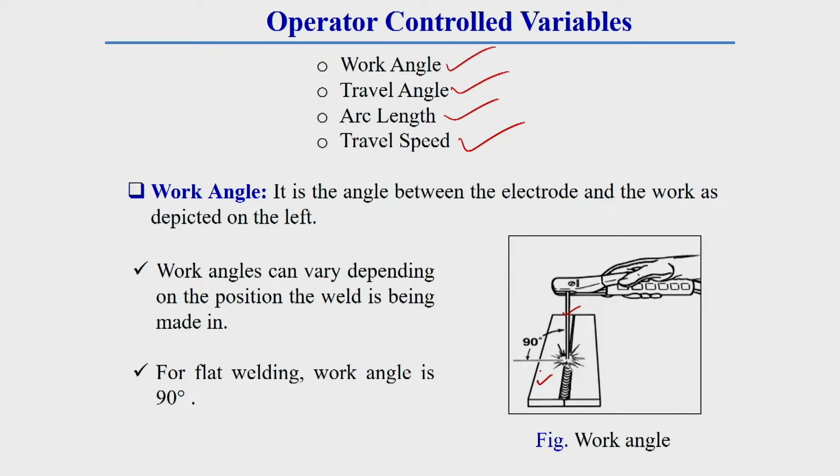For different welding positions, this angle is different. But for a flat welding operation, its angle is generally within a range of 90 degrees. That means its angle is 90 degrees in case of a flat welding operation. Here you see this is the angle, 90 degrees, the work angle for a flat welding operation.